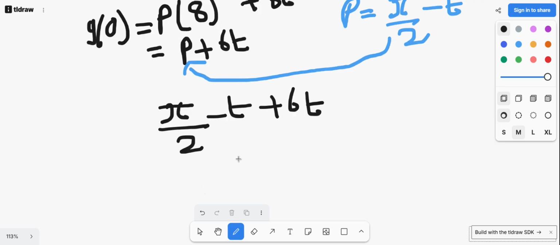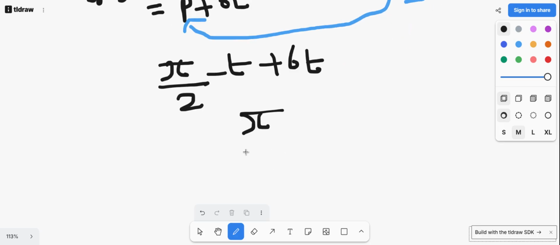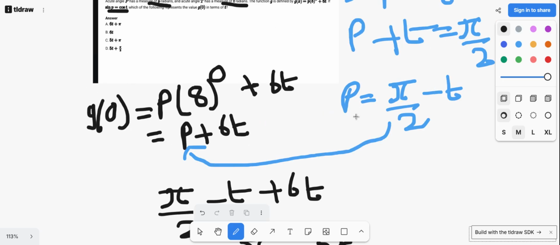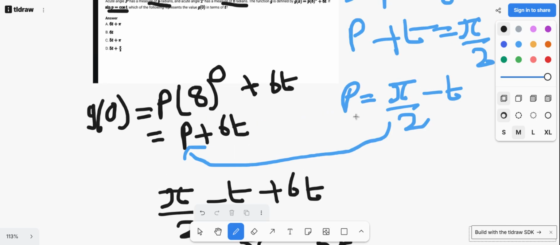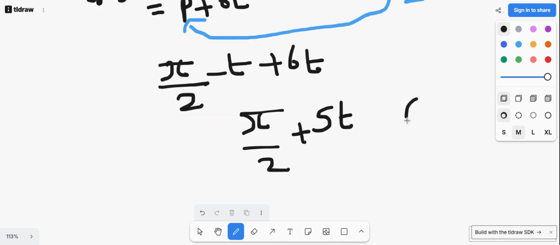And after simplifying, you get pi over 2 plus 5t, which corresponds to 5t plus pi over 2, which corresponds to option D as your answer.